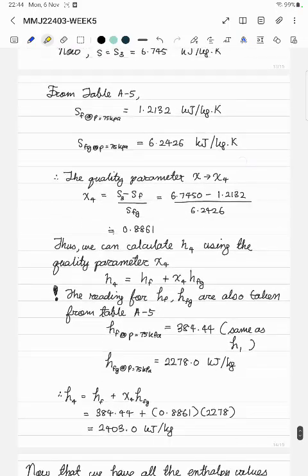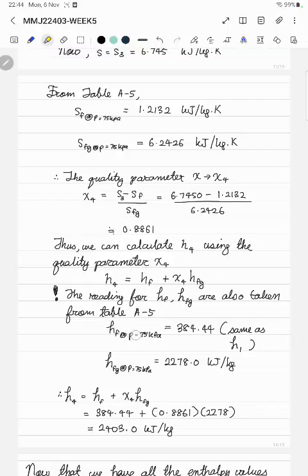Because we now have the ratio, which is x4, we can calculate H4 using the same concept. So our x4 is applied the same way to Hf and Hfg. Hf and Hfg can also be taken from table A5, the same table where we get our entropy. The values are just side by side.